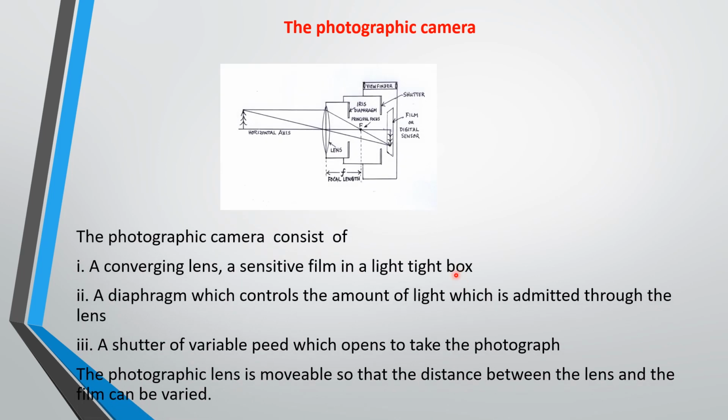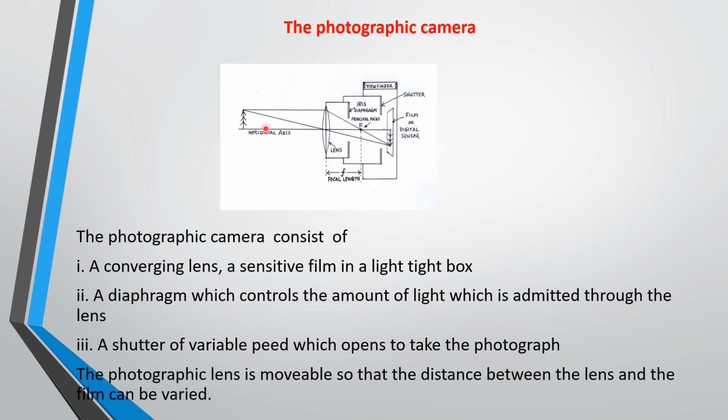So as I said, we are looking at different types of optical instruments, and one of them is a photographic camera. The photographic camera has some features: this is a lens, and this is the focal point of the lens. This is the screen where the image of this object is cast by this particular lens.